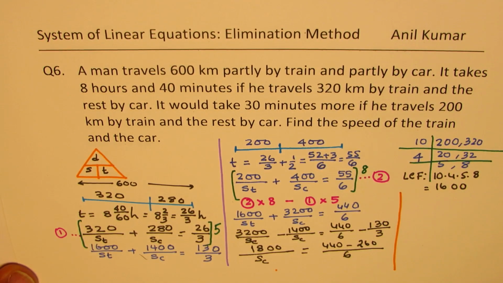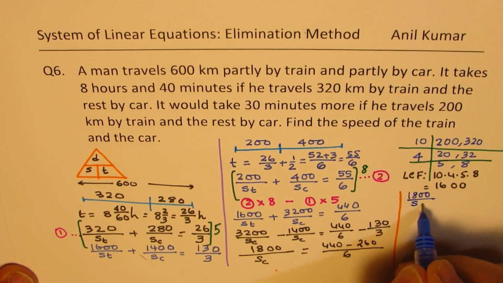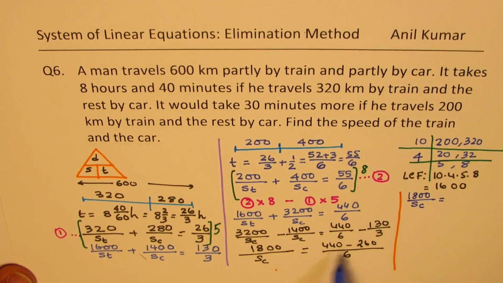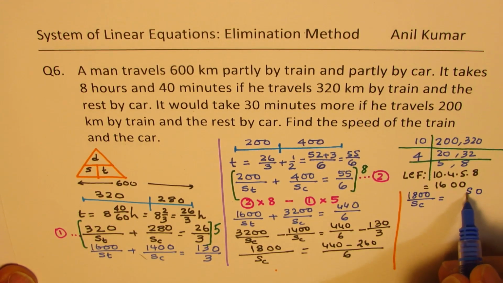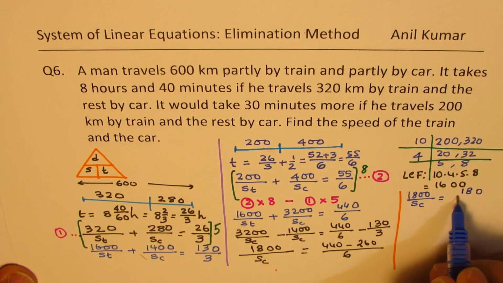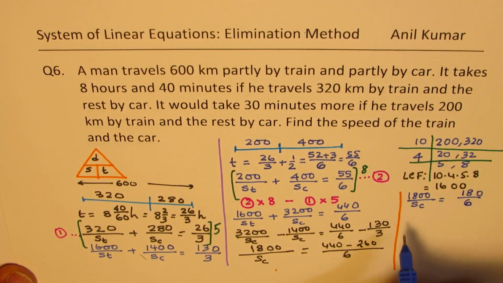So let's do this math now. What we get here is 1800 over speed of car equals 2. So when you take 260 away from 440, we get 180. 14 take away 6 is 8. 3 take away 2 is 1 over 6. Right? Now you can cross multiply.